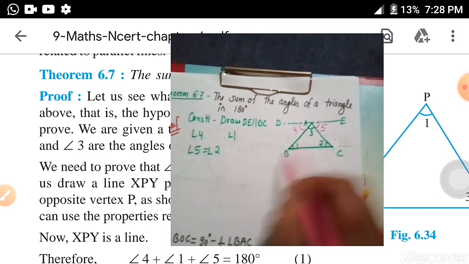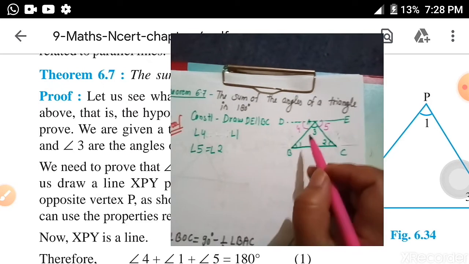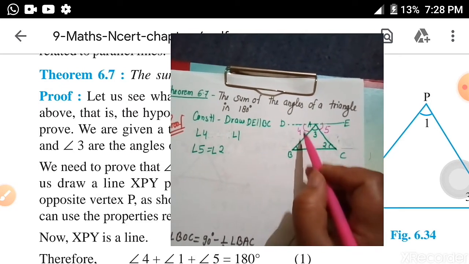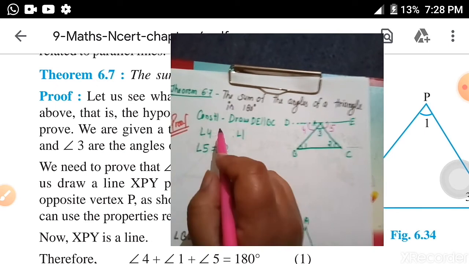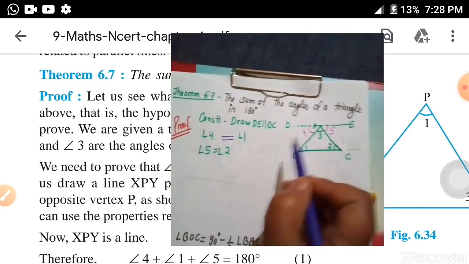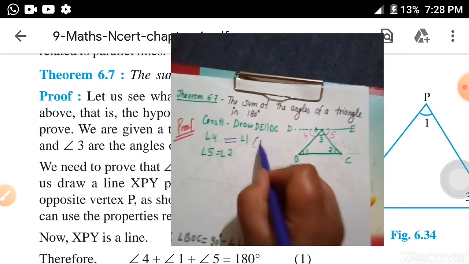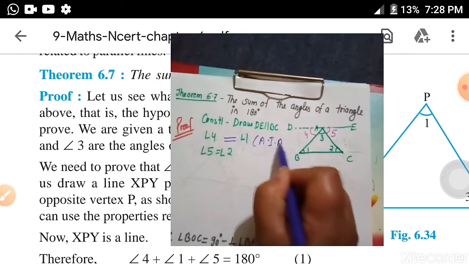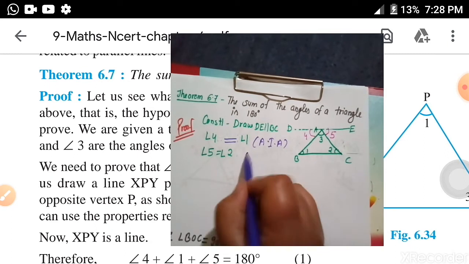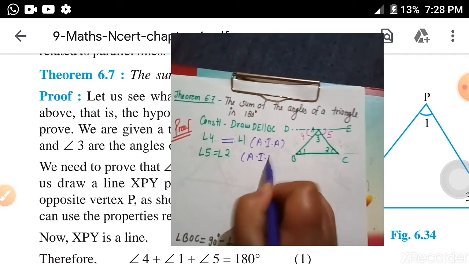Now if you see it carefully, I told you in my previous video also the concept of parallel lines, angle 4 is equal to angle 1. Why? Because these are alternate interior angles. Similarly, angle 5 is equal to angle 2 because these are again alternate interior angles.